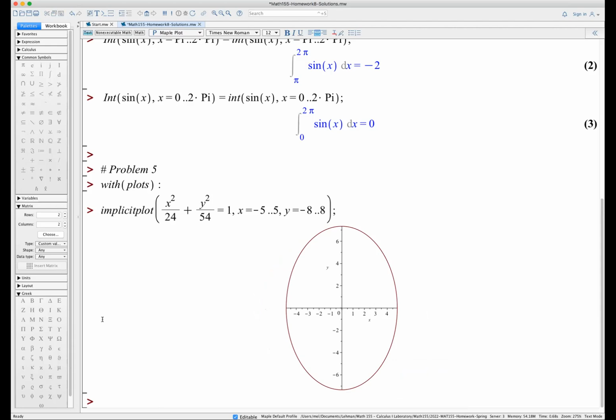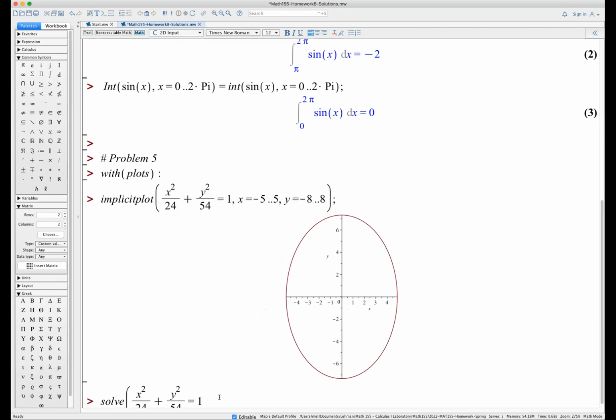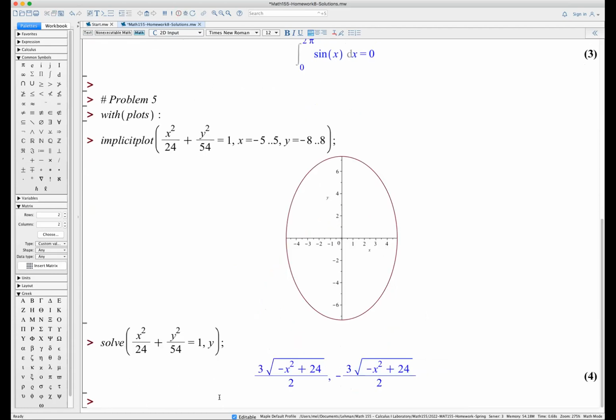And we want to find the area. So one way to do that is to solve this equation for y. Let's see what happens. Suppose you try to solve this equation for y. So we get two functions, this and this, plus sign, minus sign.